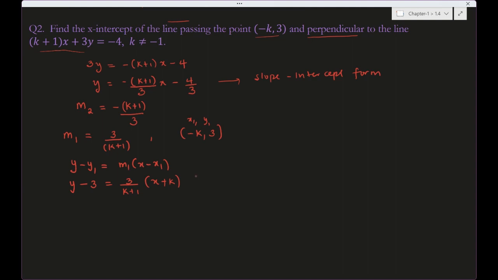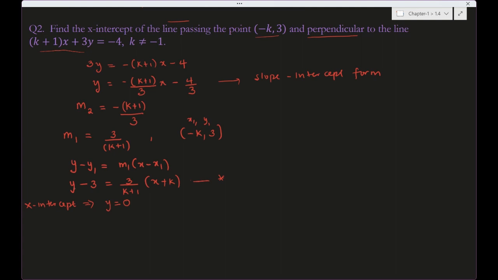Now, this is our equation of the line, but we are looking for what? We are looking for the x-intercept. And what is the x-intercept? X-intercept implies that y is equal to what? 0. So let's go ahead and plug y equals 0 into this equation.